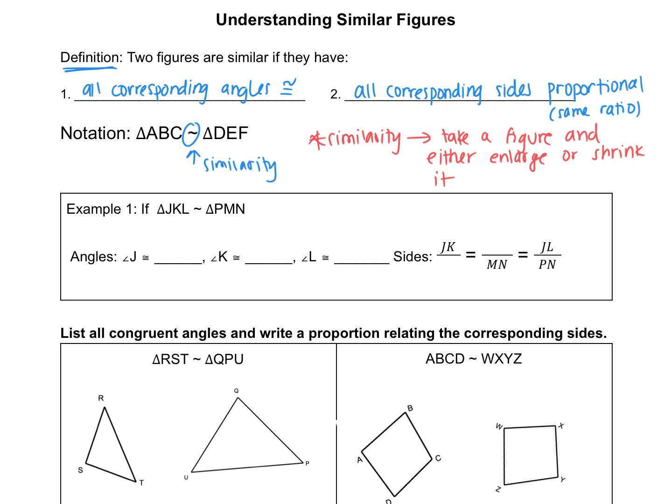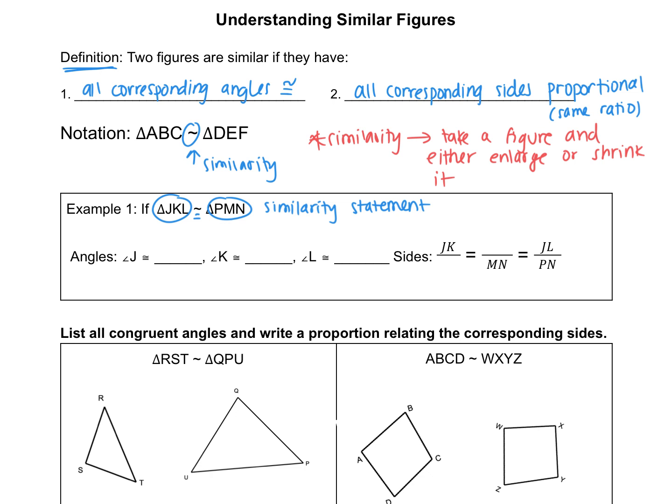So here is our first example. We have this triangle is similar to this triangle. This is called a similarity statement, just like we would have a congruency statement.